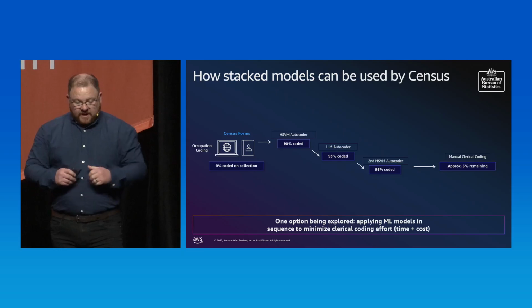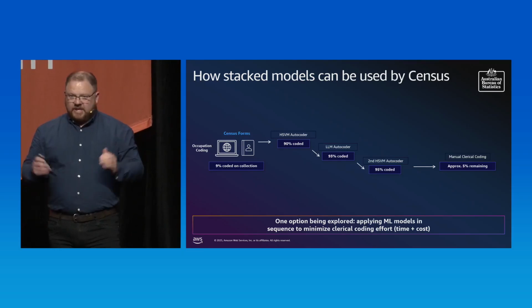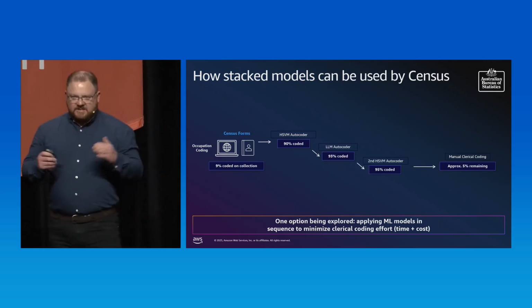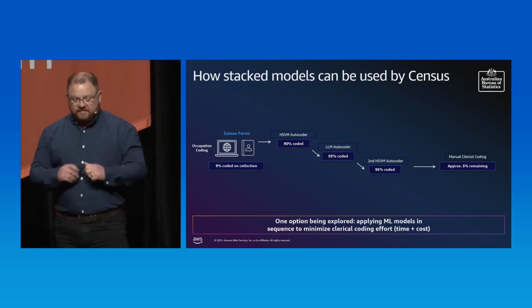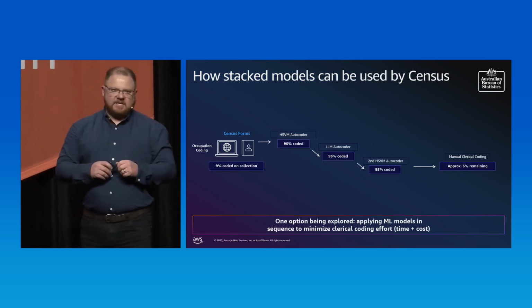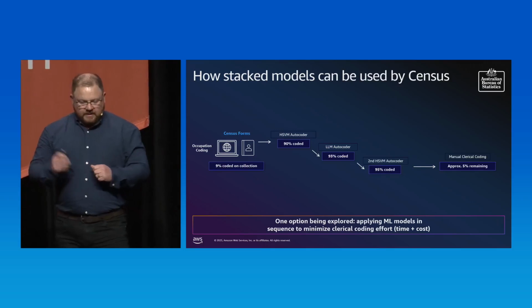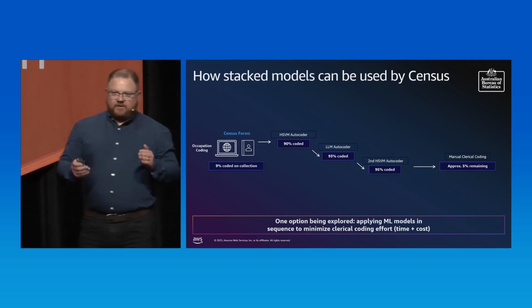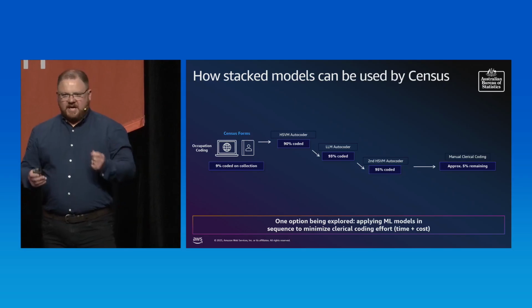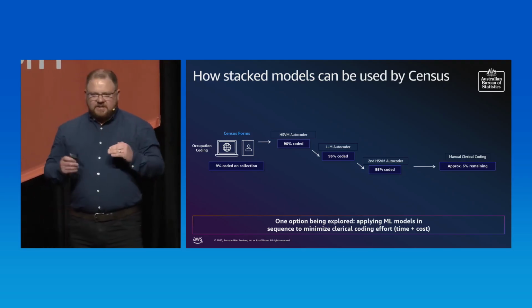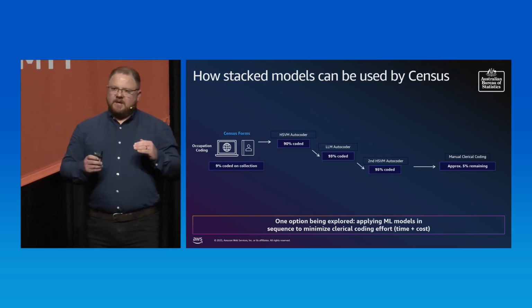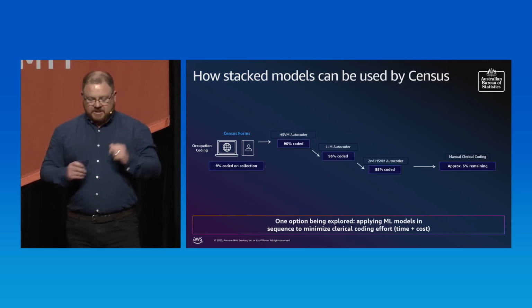Now, walking through that, this is an occupation example, and these numbers on the screen are numbers that we've generated from our testing to date, which has been extensive, and we're confident that we will hit these targets or even better. So we know that about 9 to 10% of our responses for occupation are coded at the point of data capture. We use targeted supplementary questions for some of the more straightforward occupations, and we can code it right there at the point of capture.